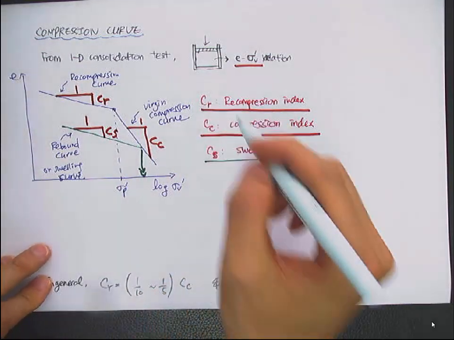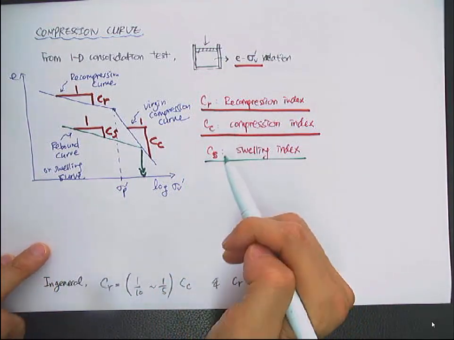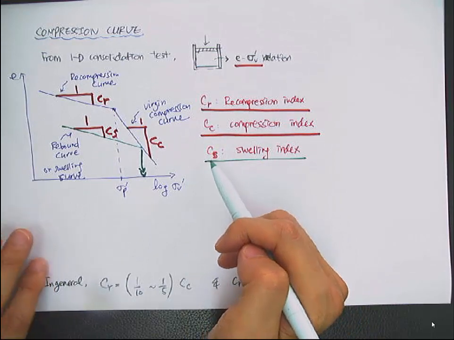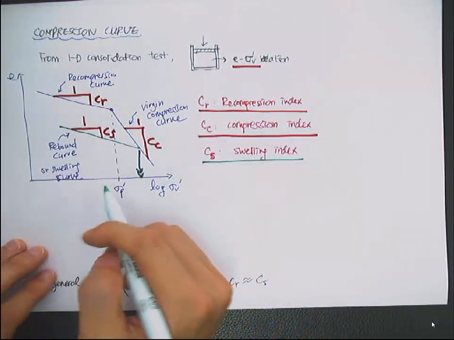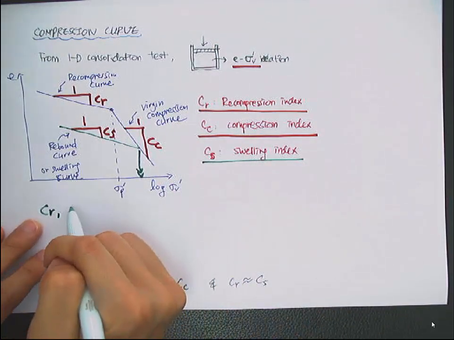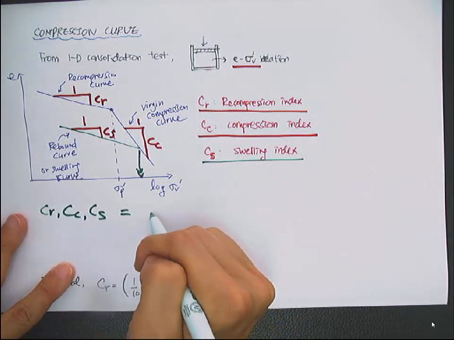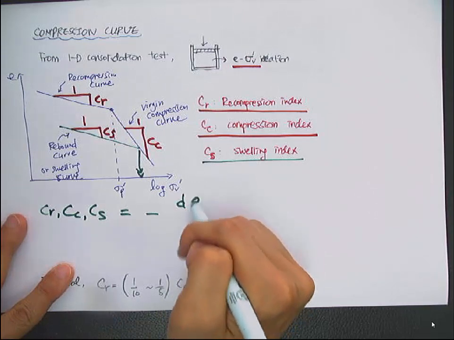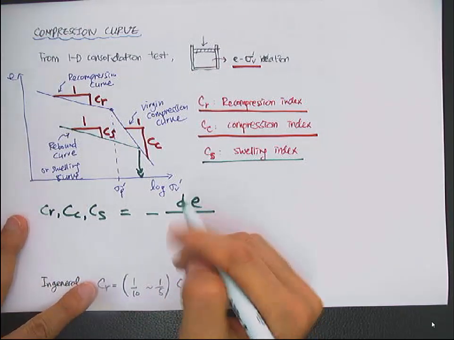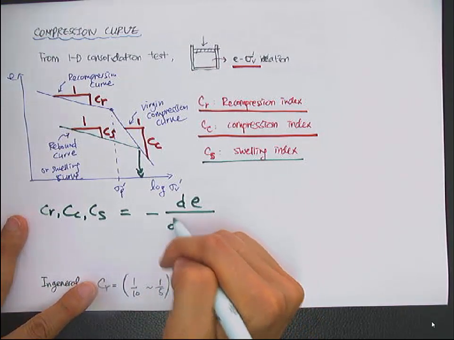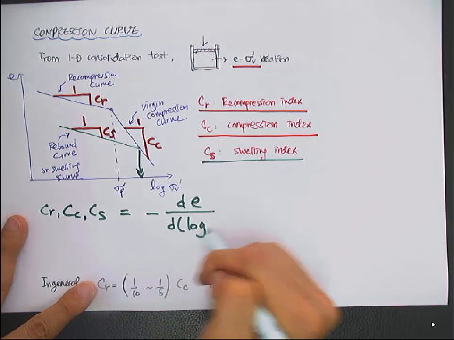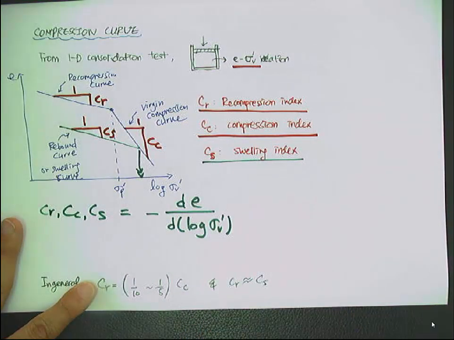Then this compression index, recompression index and swelling index, CC, CR and CS, can be expressed as the void ratio change over vertical stress change.